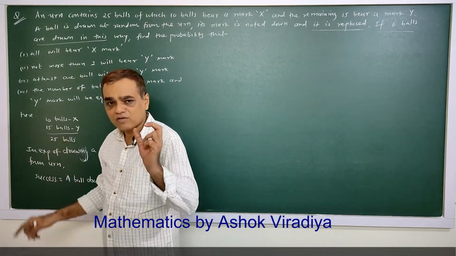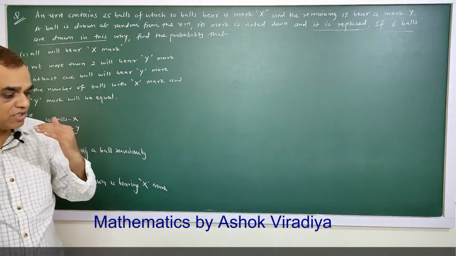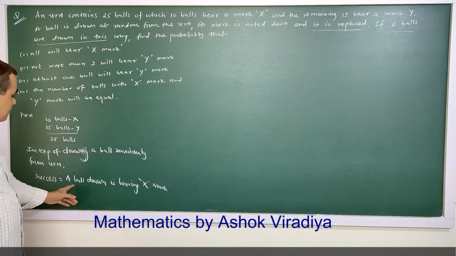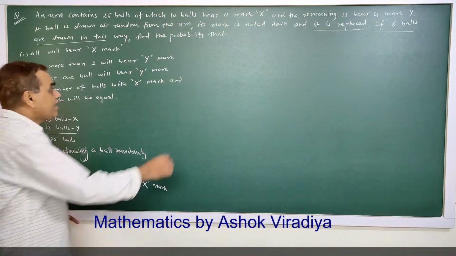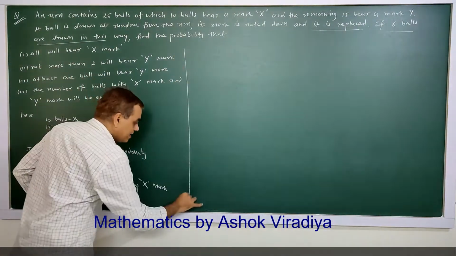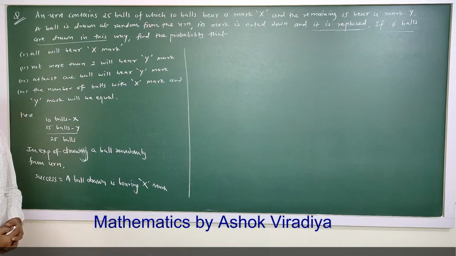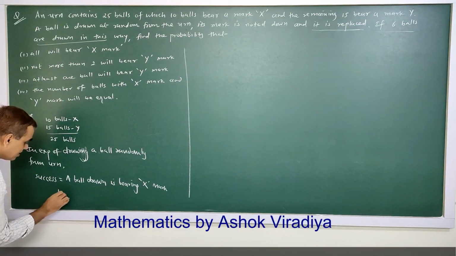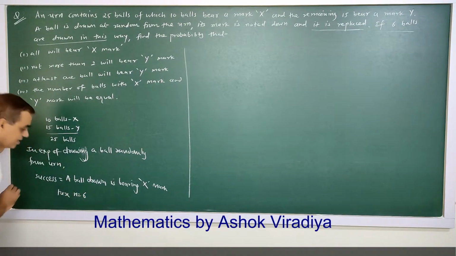Every time the number of balls remains the same. So each action or each event is independent. So all these events are independent. So here the number of trials is 6.